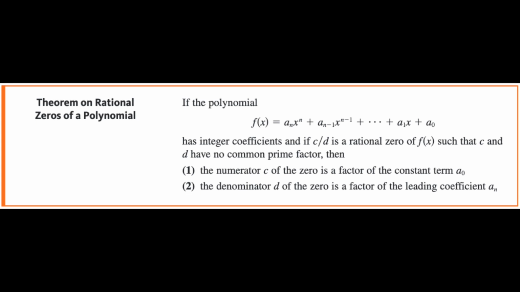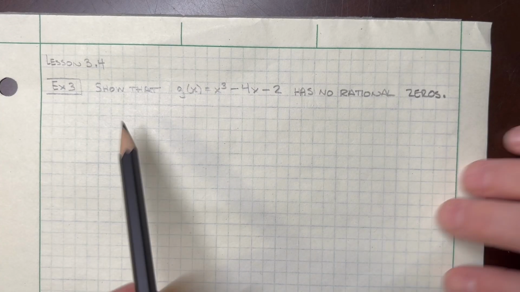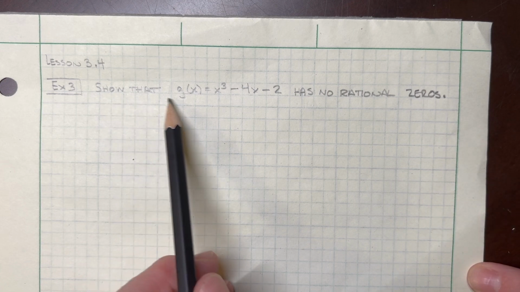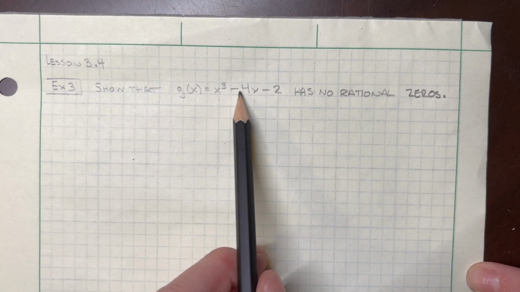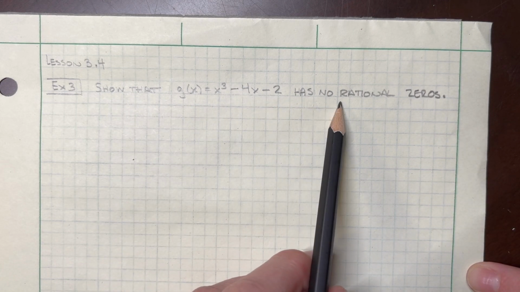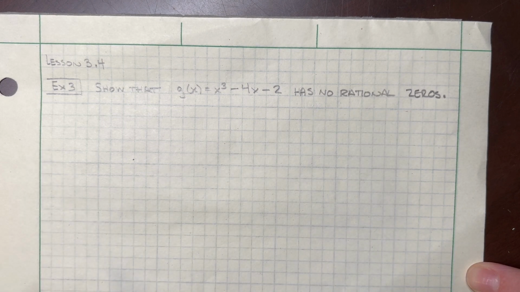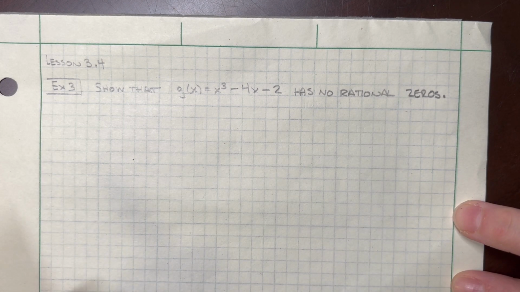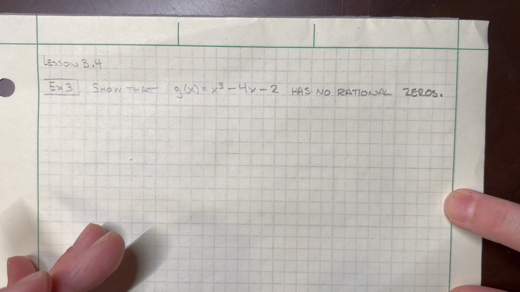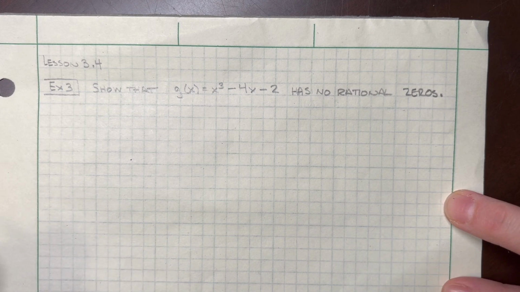Let's take a look at how the rational root theorem is useful in practice. Show that g of x equals x cubed minus 4x minus 2 has no rational zeros. We're going to use the rational root theorem, which finds us candidates for rational zeros.